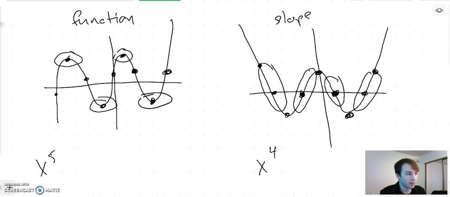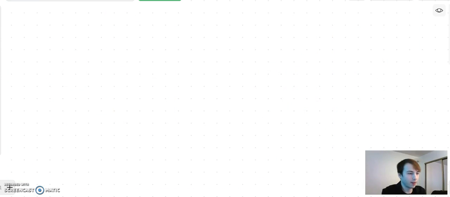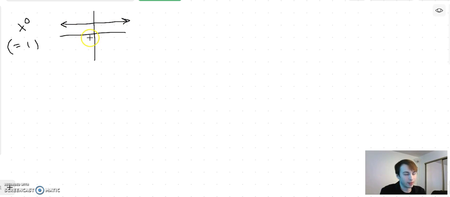So let's go and construct our functions again. x to the 0, that's like a constant equal to 1. That looks like just a flat horizontal line.